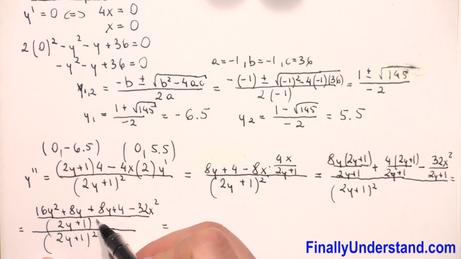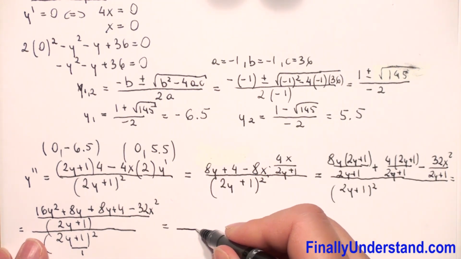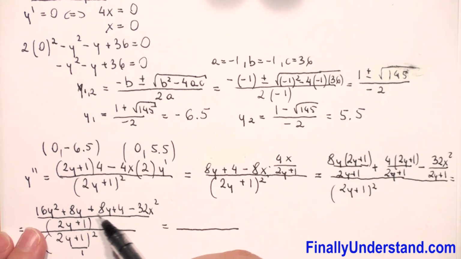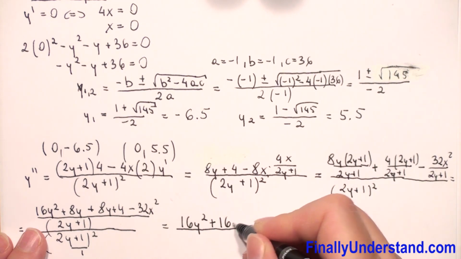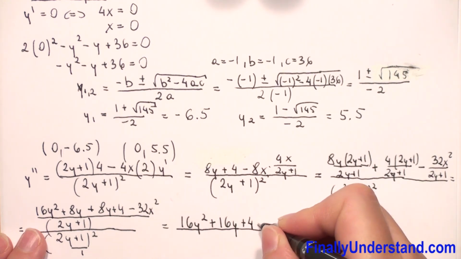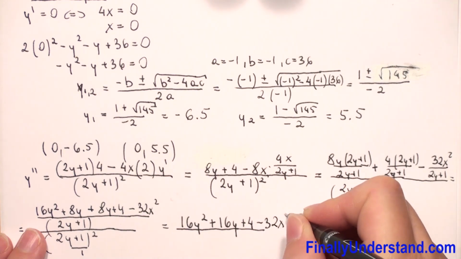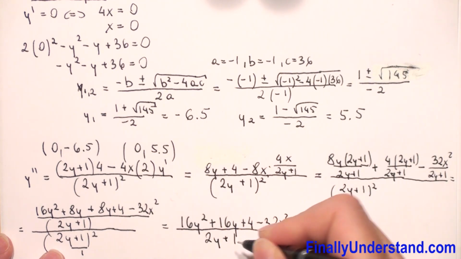Because we have a fraction in the numerator, I will make a fraction in the denominator, and we can simplify something in this numerator. We have 8y and 8y, so it will be 16y squared plus 16y plus 4 minus 32x squared over 2y plus 1.